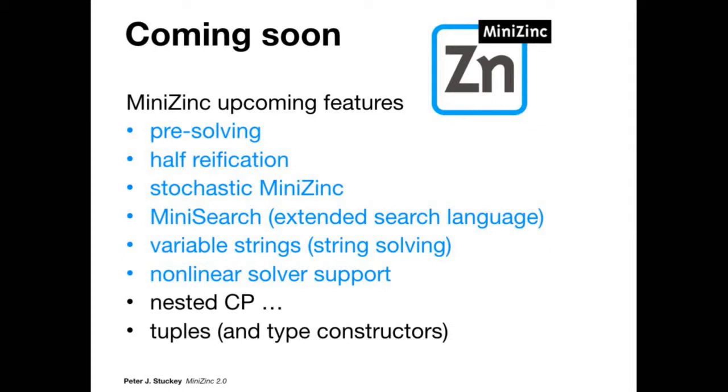Nested constraint programming is the ability to build problems where a sub-problem or part of the constraint that you're building up is itself a discrete optimization problem. We have a language for doing that, but it's not been integrated yet into MiniZinc. For example, to find a good Sudoku puzzle, I would say, here's a set of clues.